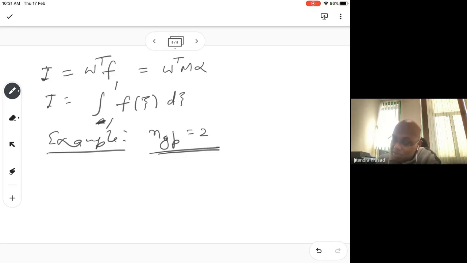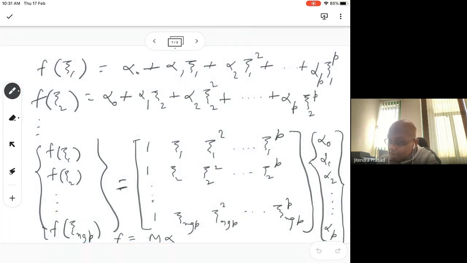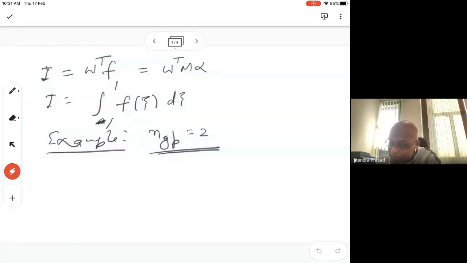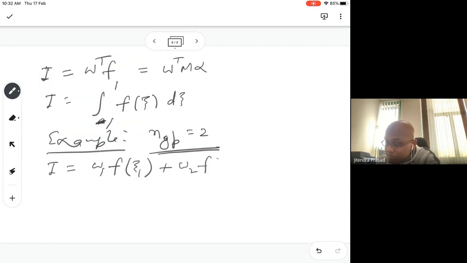Find out what the equations tell. If ngp equals 2, then we have these two equations. Let us say our I will be equal to W1 f(xi1) plus W2 f(xi2).